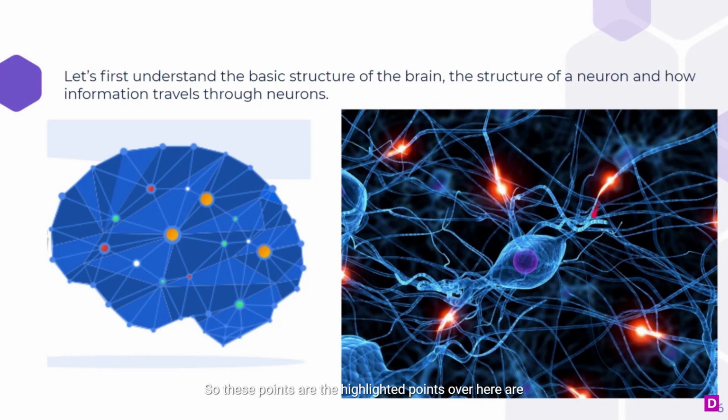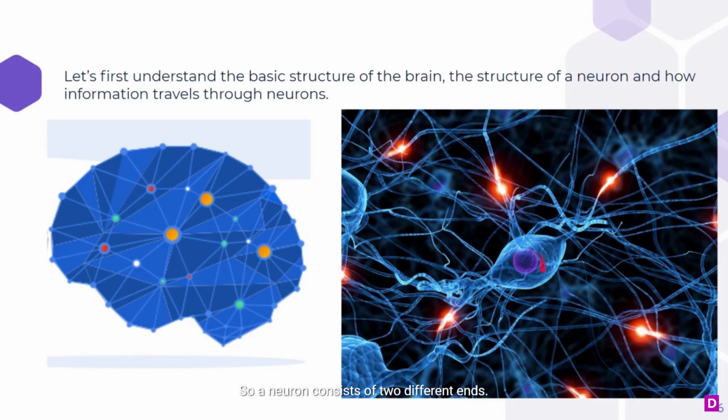These highlighted points are magnified in the picture on the right hand side. So this is what the human brain is made up of. Each and every basic element of a human brain is a neuron. The picture you can see over here is a neuron.